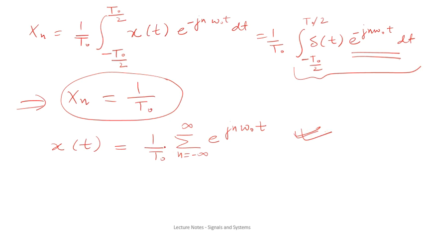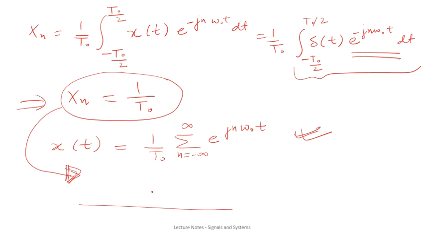Now one more thing which was asked in the problem is that you have to sketch the spectrum also. So now there are two things. At first, by using this exponential Fourier series coefficient, you can draw the exponential spectrum for it.